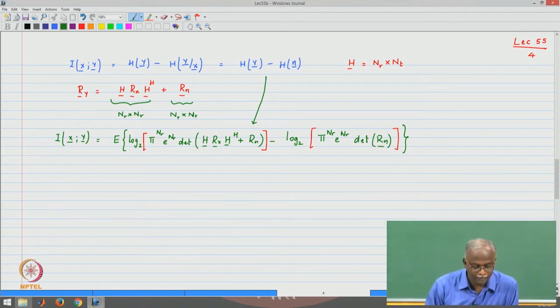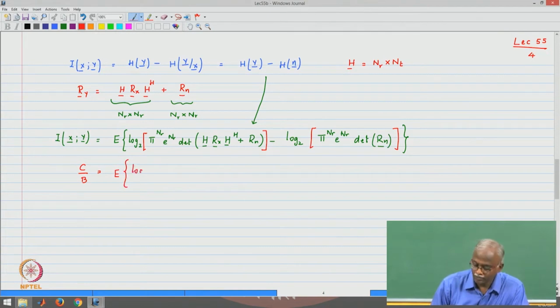the previous slide. So, now simplifying this, the capacity or normalized capacity C by B given by the mutual information is nothing but the expected value of logarithm base 2 of, there is a difference of logarithms, so this is a ratio of these two.